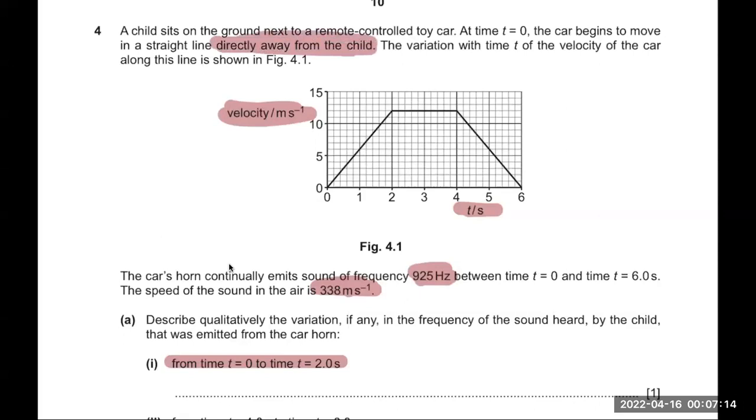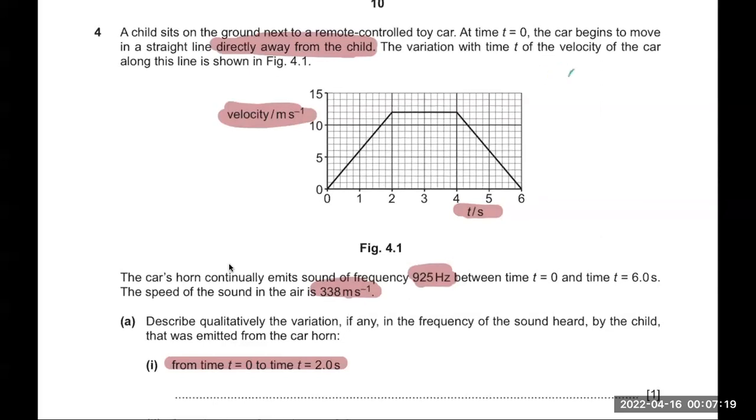So it's moving away throughout. What happens to the observed frequency when the sound source is moving away?